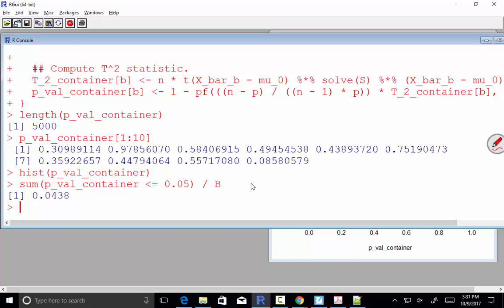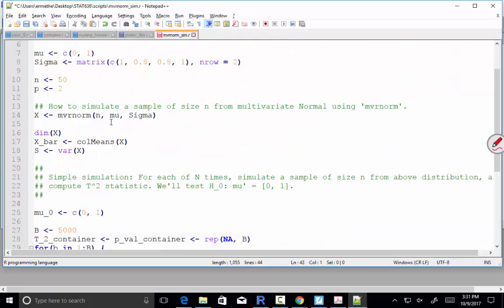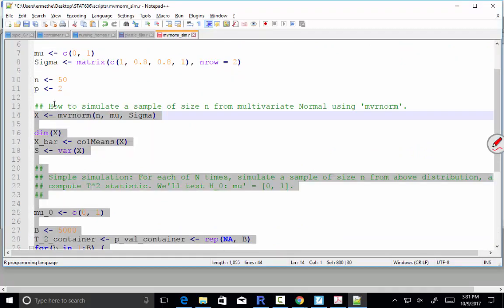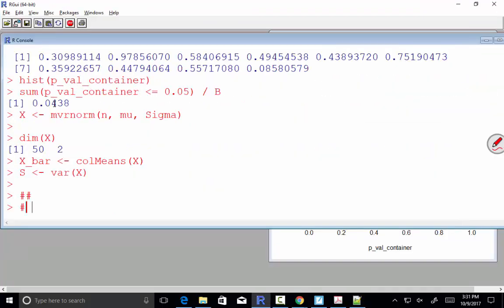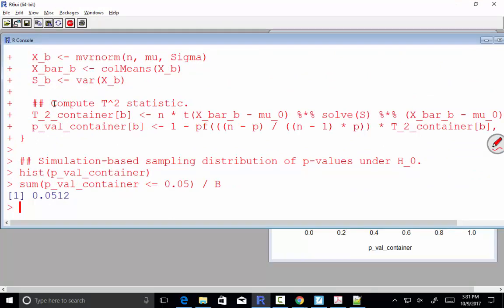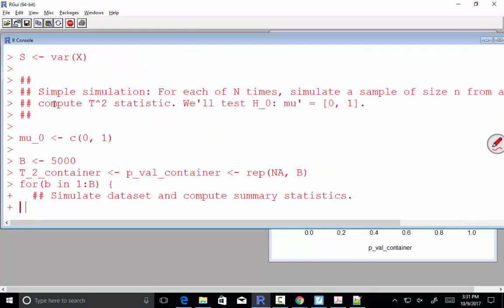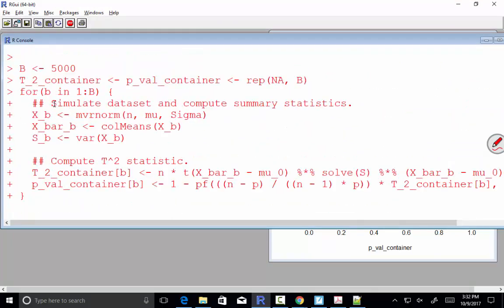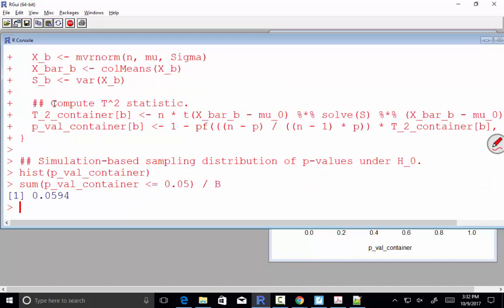And if we were to repeat this exercise, the whole thing, I'll just show you what that looks like, that 0.0438 will change. 0.05, 0.06. So it's reflecting the theoretical result. 5% of the time, you'll make a type 1 error if you test at significance level 0.05.